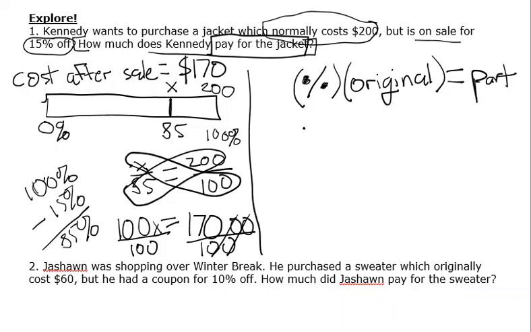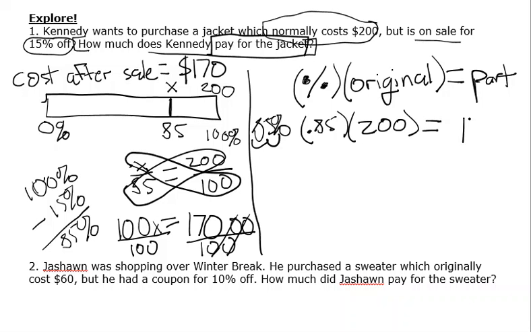Again, I want to put in 85%, but I'm going to change 85% to a 0.85. I moved my decimal over twice. My original here is $200, and there's my part. Now, if I multiply 200 times 0.85, I'm going to get 170. So here in this case, the cost after sale is 170.